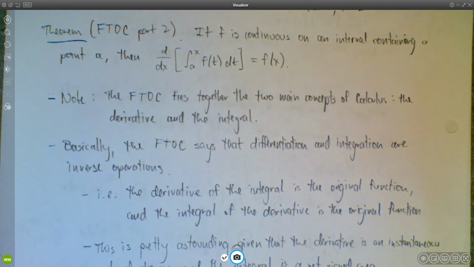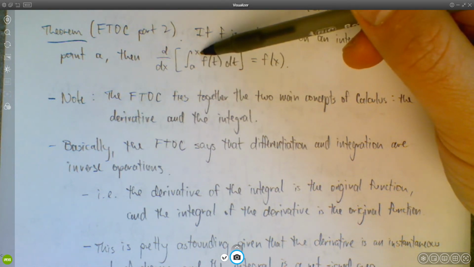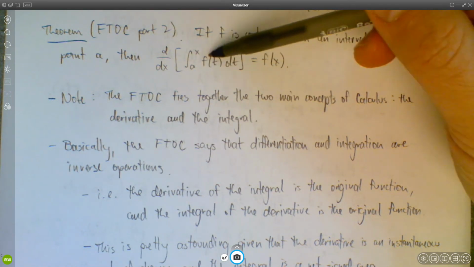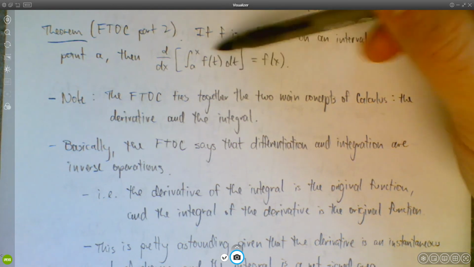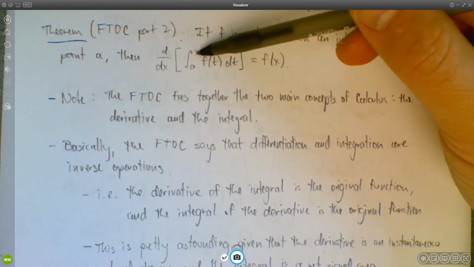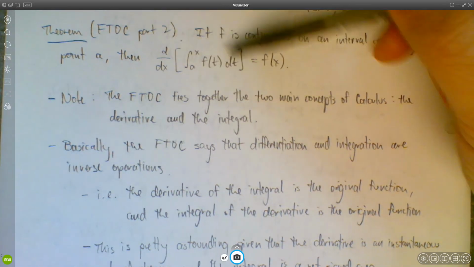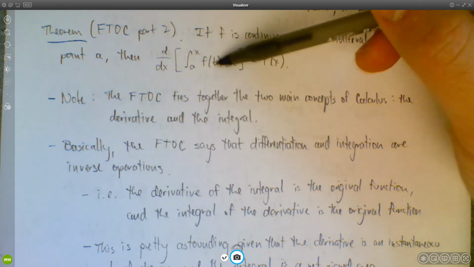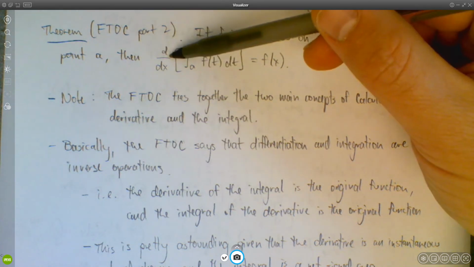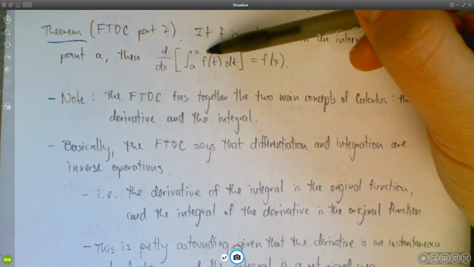Now the notation here is a little bit strange, but imagine that a is just a number and that x is a variable. You integrate, so you find an antiderivative for lowercase f, and then you plug in x, which is a variable, and then you plug in a, which is a number. So you're just going to get a function out of this. You're going to get a function in terms of x. Now if you differentiate that function with respect to x, you get the original function back.